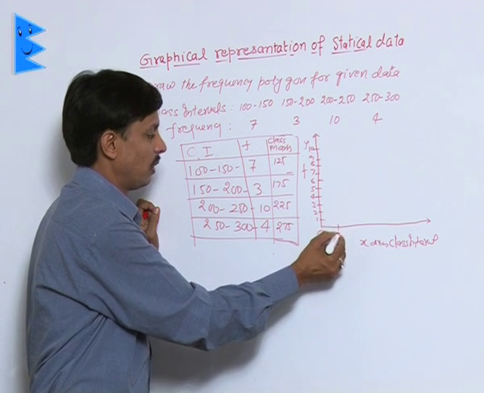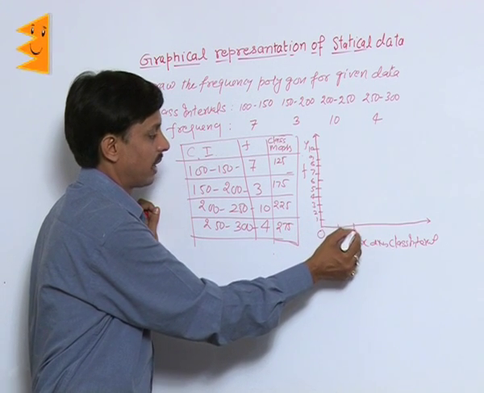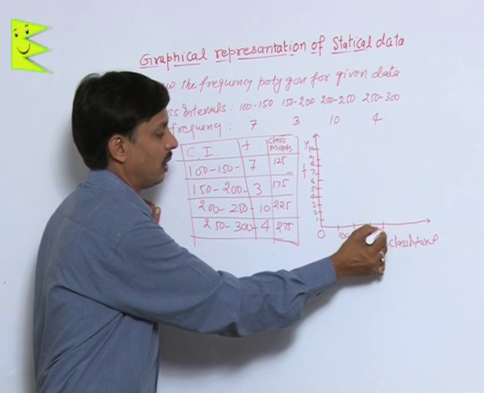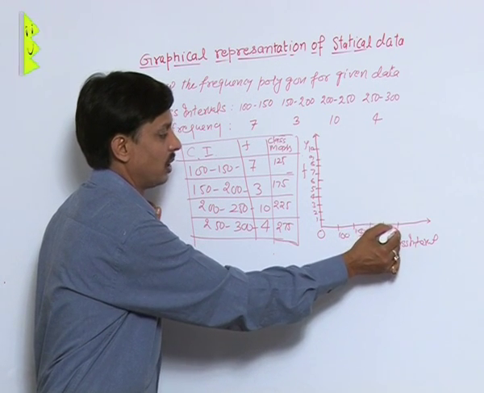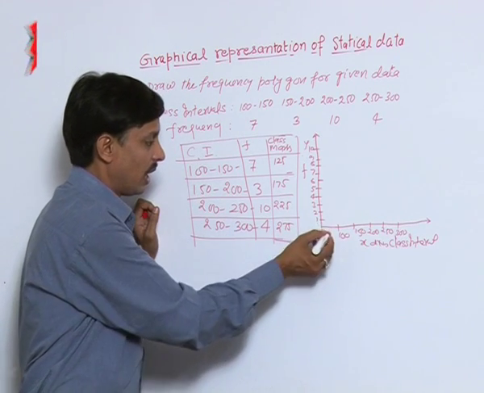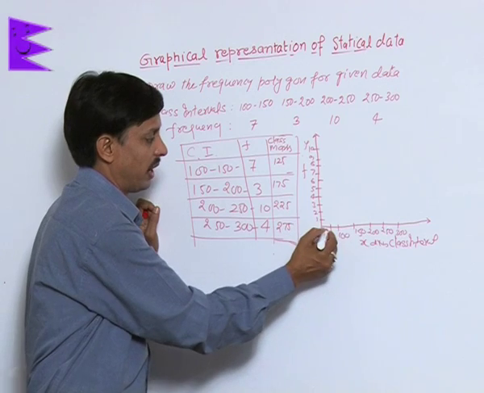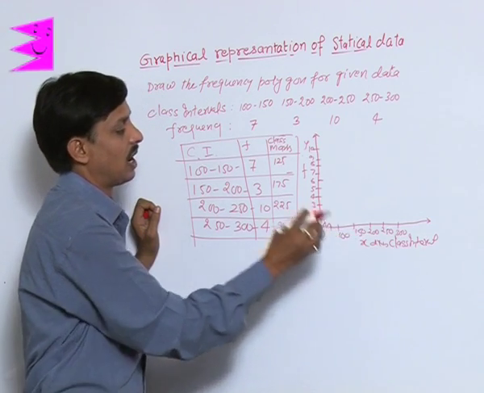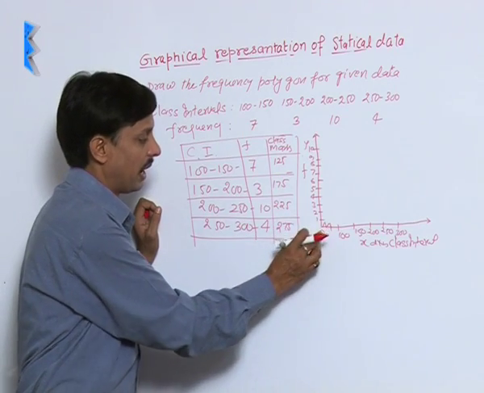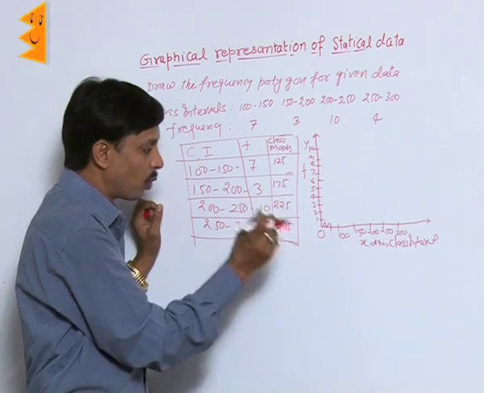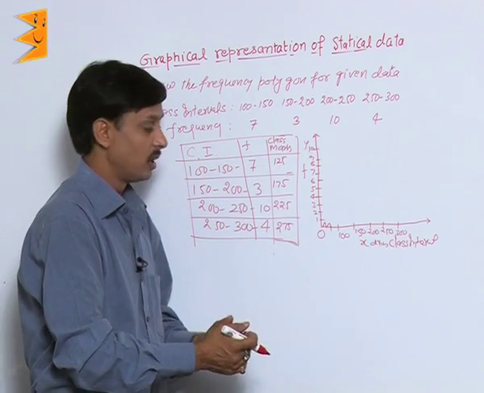Here it is 0, then 100, next 150, then 200, then 250, next 300. I hope 300 is the last we need. As here 0 to 100, I can put a kink because the gaps are of 50 and the first interval starts at 100. That's why I am going to put a kink.